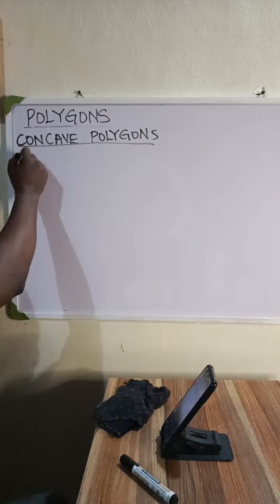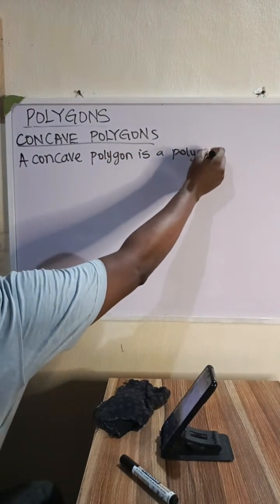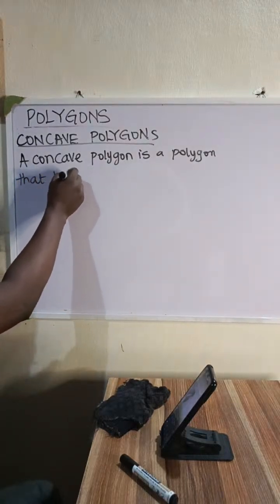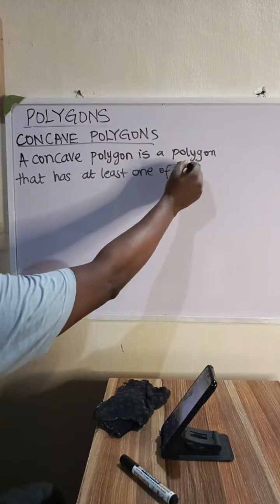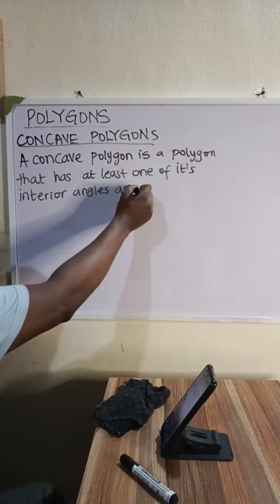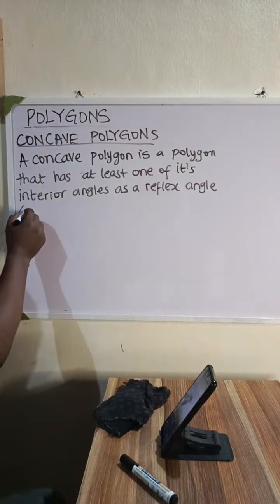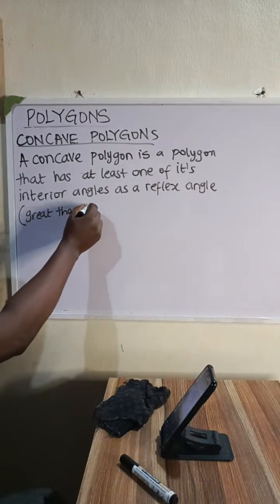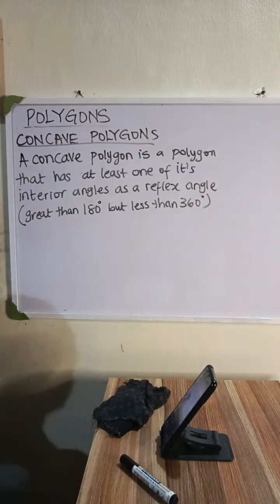Remember, an obtuse angle is greater than 90 but less than 180.